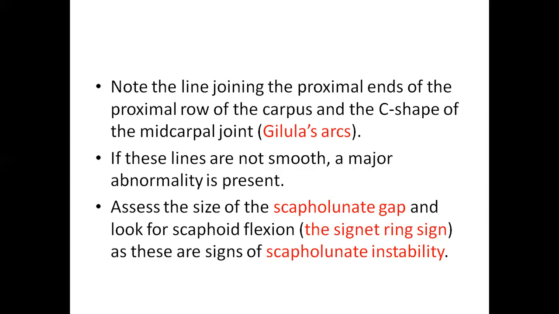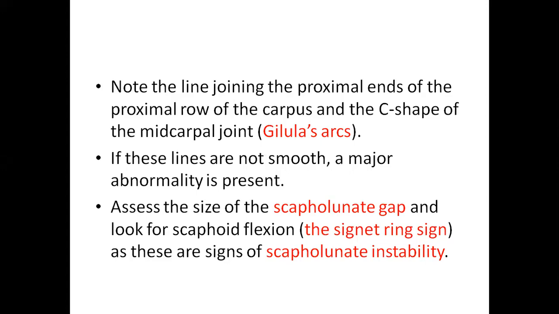So you can observe it not only on the PA but also on the AP. It should be noted, if it comes in MCQs, that the signet ring sign is present on both the AP and the PA. So remember the signet ring sign, or another name, the cortical ring sign.